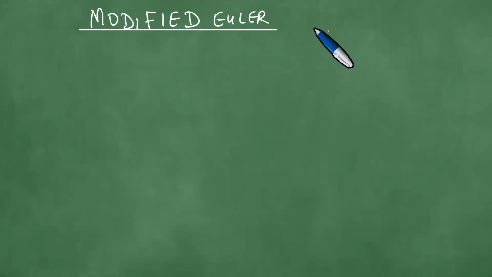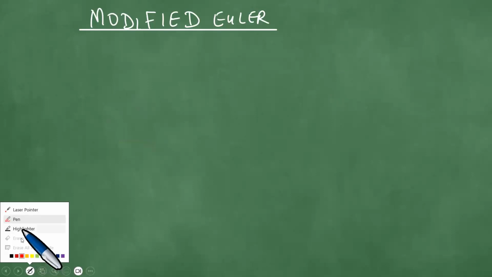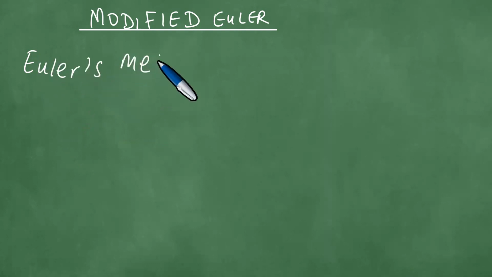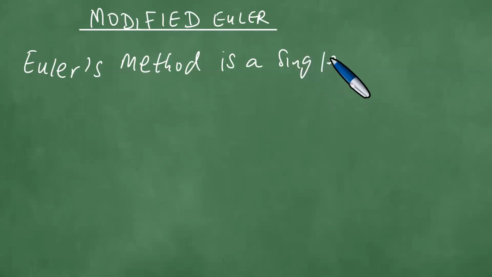Right. As we're starting now, we are discussing today what we call the modified Euler. And now, as we discuss the modified Euler, we need to note that Euler's method is a single step method.